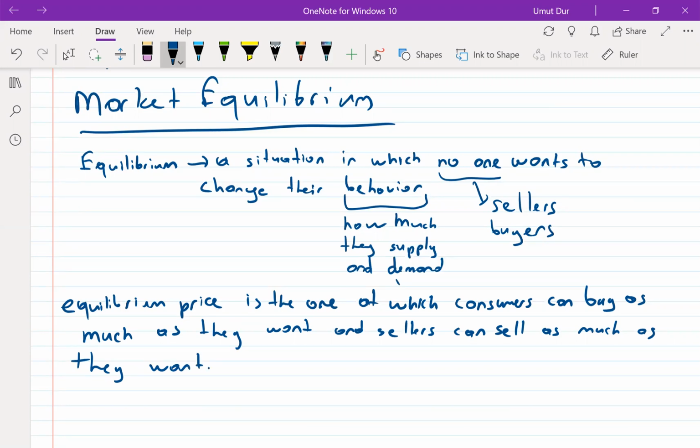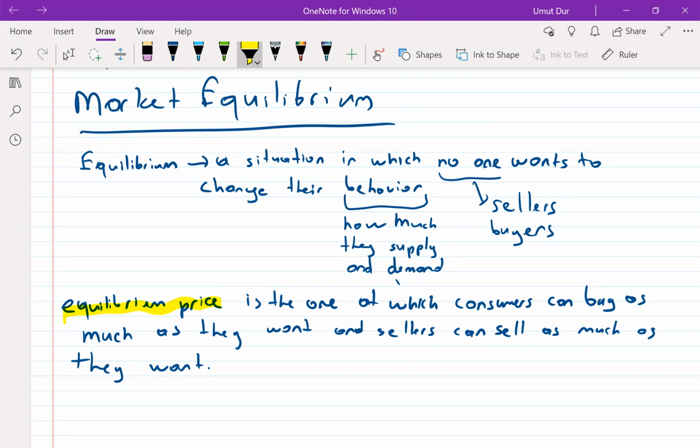So what is the point here? What do we mean by the market equilibrium price? That is the price such that, if you are a seller and, for a price of $10, you want to sell 10 units, you can find customers who would like to buy all those goods, and there is no more customer who would like to buy more.